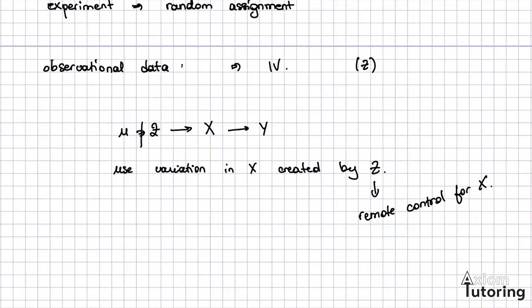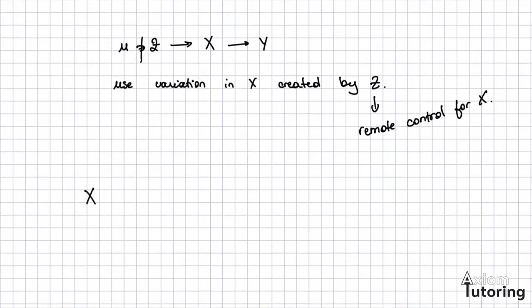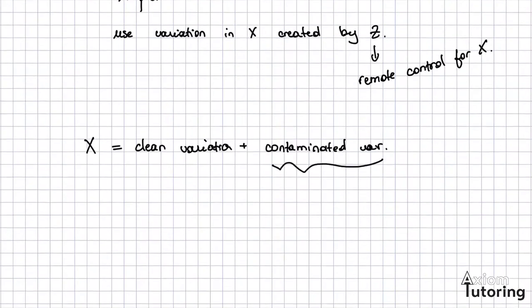Think of X as having two components, and keep in mind, you've seen this idea when we talked in the video about the Frisch-Waugh-Lovell theorem. So we're doing exactly the same thing in here. We've got X being composed of clean variation plus the contaminated variation. The contaminated variation, this is where you got all of the other things that are mixed up.